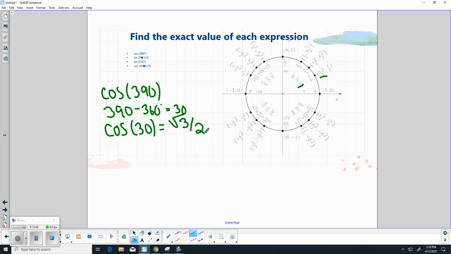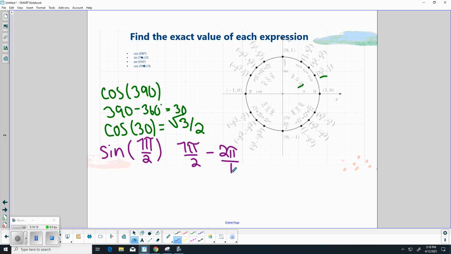So then we got sine 7 pi over 2. We would subtract 2 pi from it. But we can't subtract 2 pi from 7 pi over 2 because they don't have the same denominator.